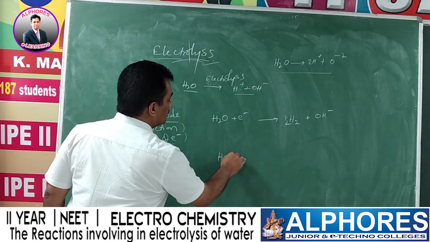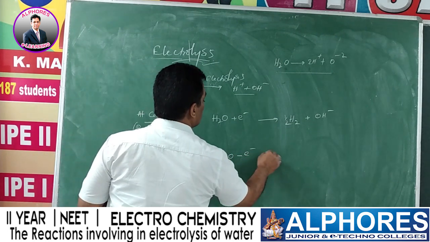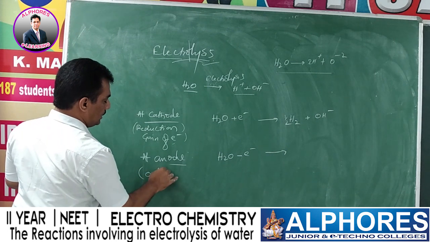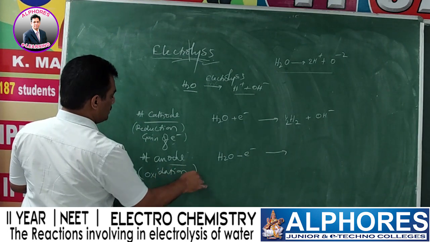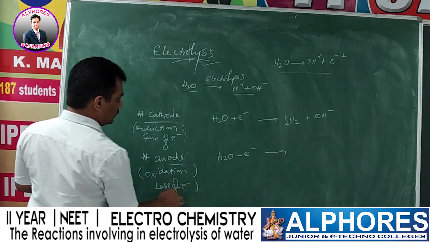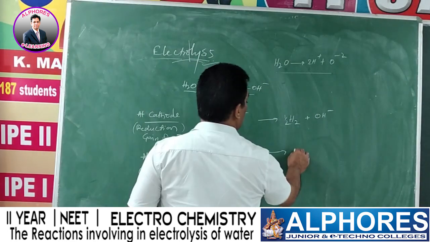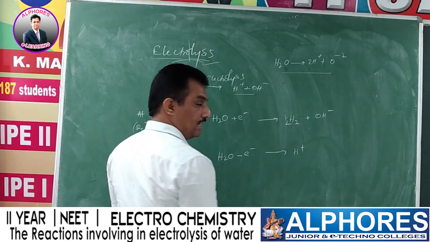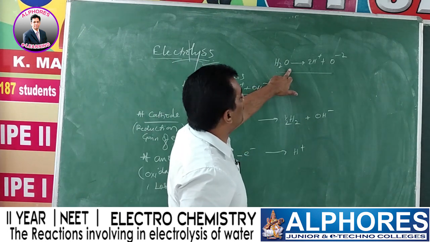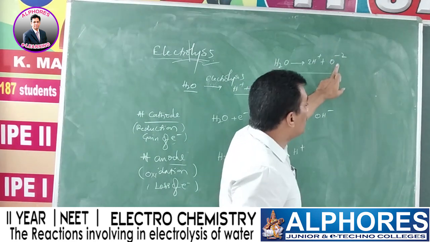And at the anode, here we have to consider that electrons are released from water, because the anode is the electrode where oxidation takes place. Oxidation means loss of electrons, we already know. So when water loses the electron, it gives H plus, and for this purpose I am asking you to remember this.